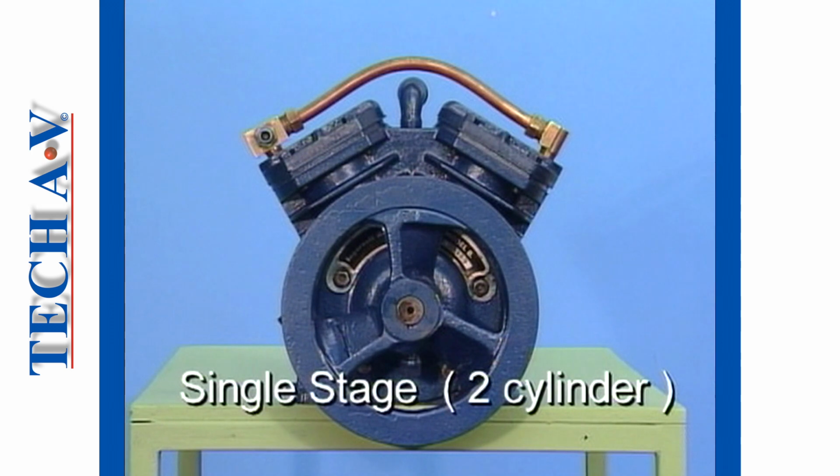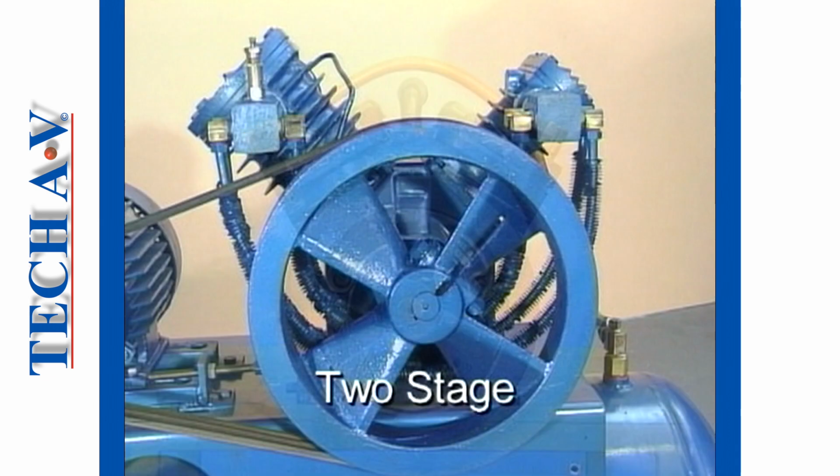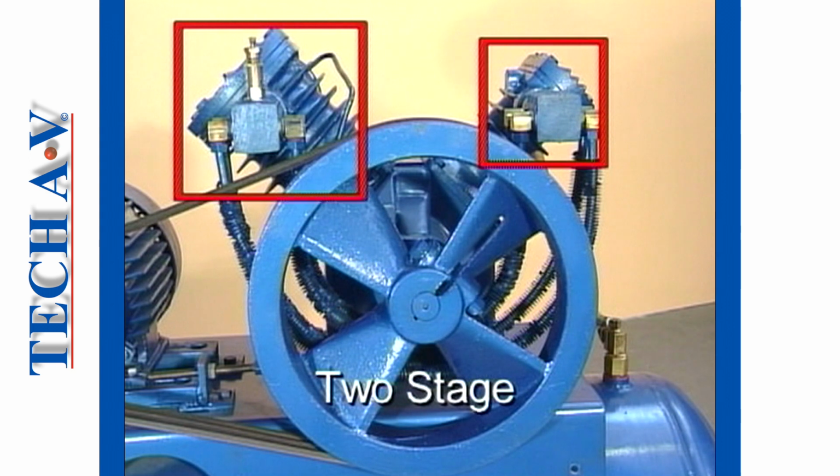This small unit is an example of a single-stage twin-cylinder compressor, and, as you see, it has two equal-sized cylinders. By comparison, this two-stage unit also has two cylinders, but you'll notice that the cylinders are not the same size. In fact, the larger cylinder is double the size of the smaller. We shall explain the reason for the differences shortly.